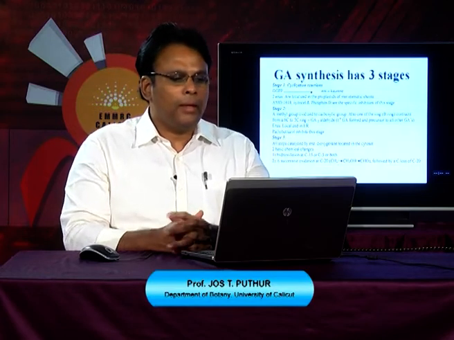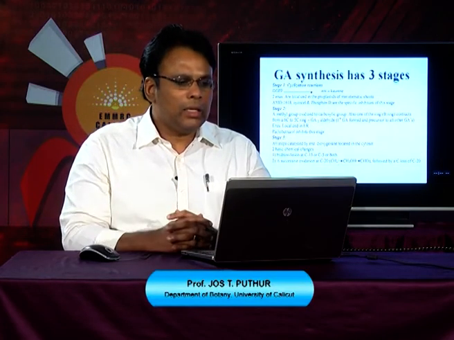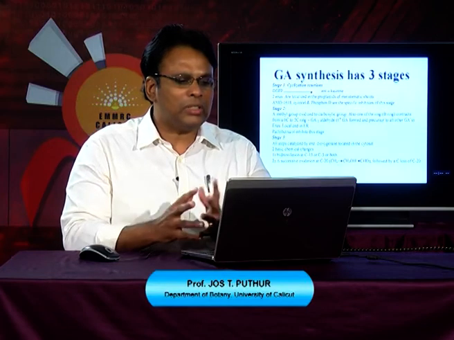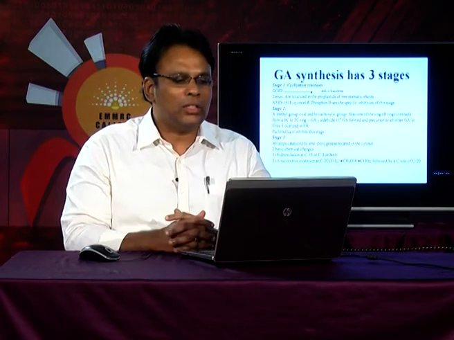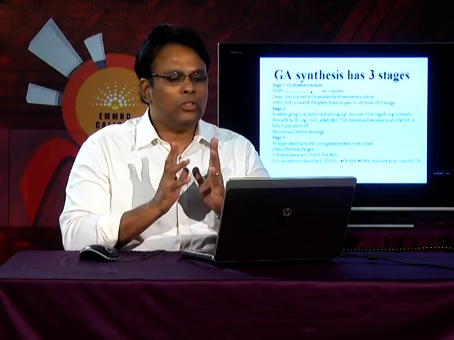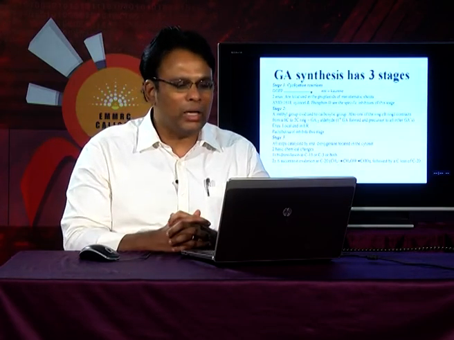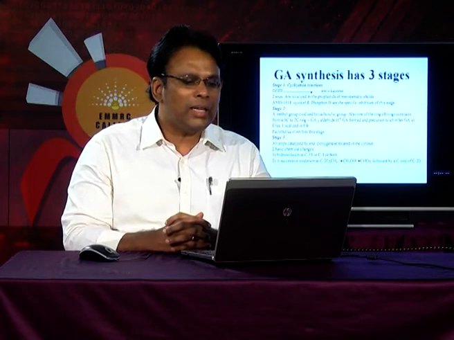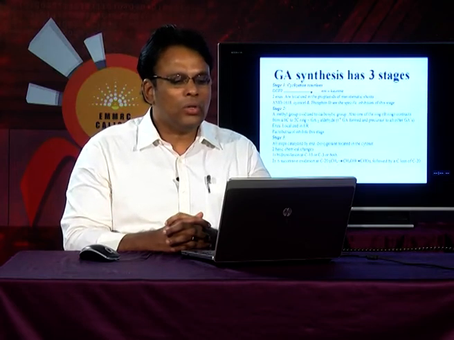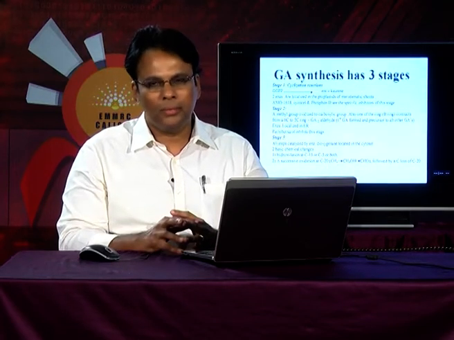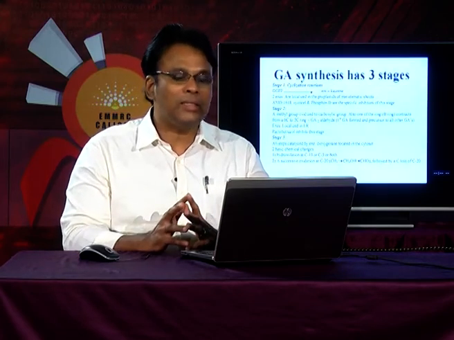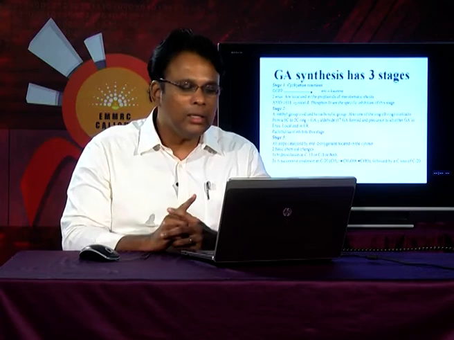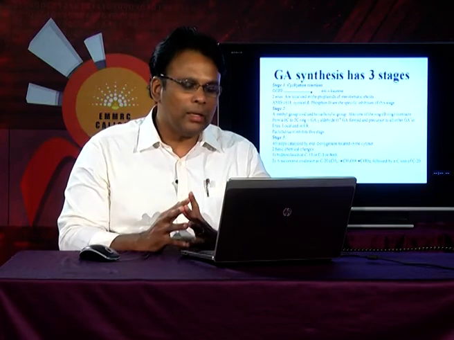prevented. The third stage, all steps catalyzed by the enzyme dioxygenase, is located in the cytosol. Here basically two chemical changes are taking place. One is hydroxylation at C13 or C3 or both. That is one of the major changes, that is hydroxylation taking place at carbon 13 or carbon 3.